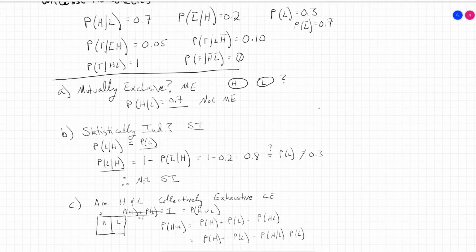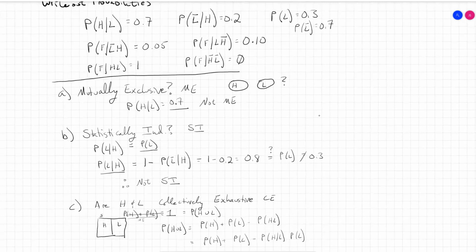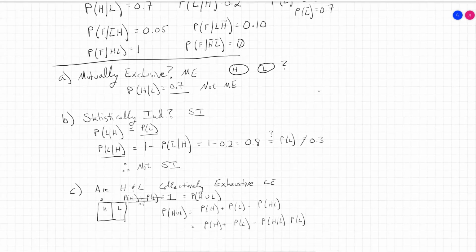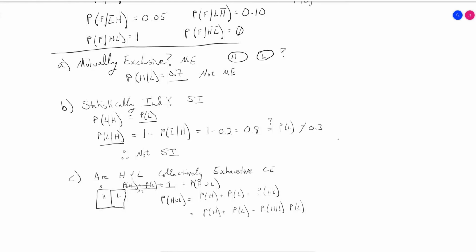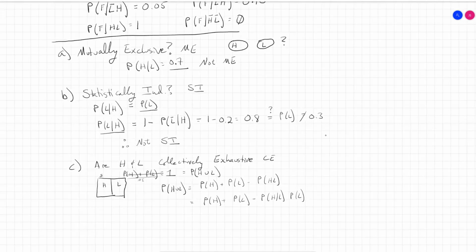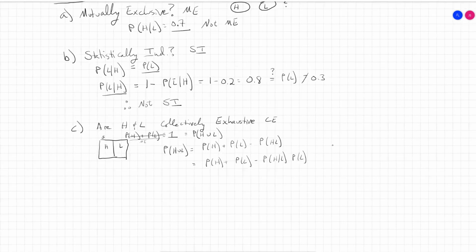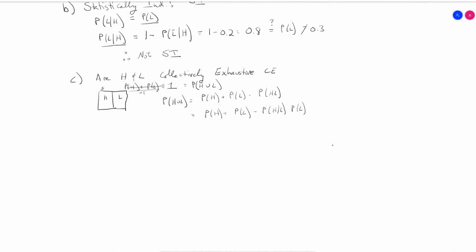We have H given L, okay, and we also have the probability of L, so that's good. We don't have the probability of H though, so we need to figure that one out. And all of this should equal 1, right? So this is ultimately what we're trying to figure out.